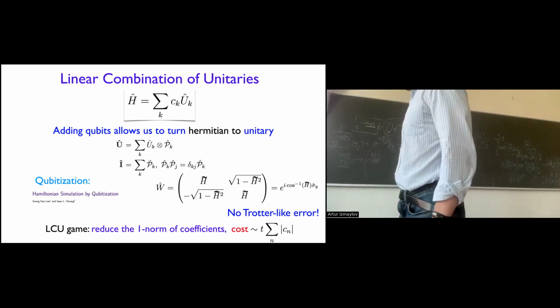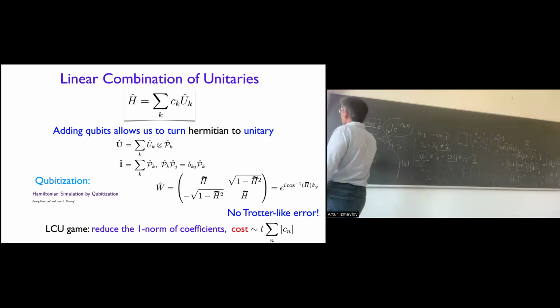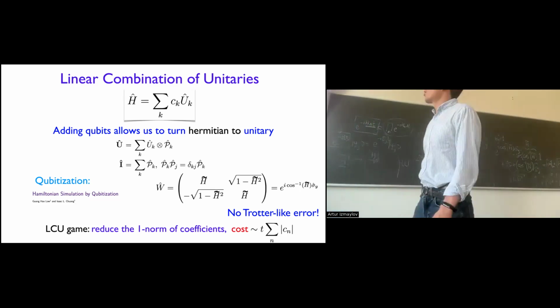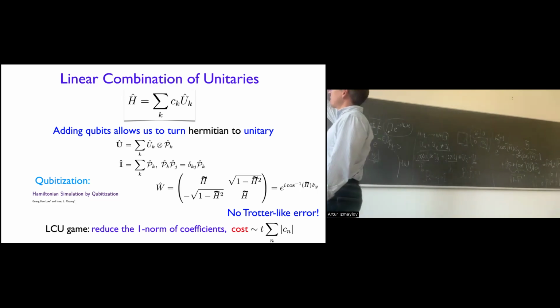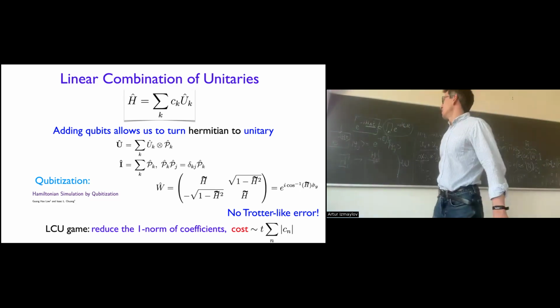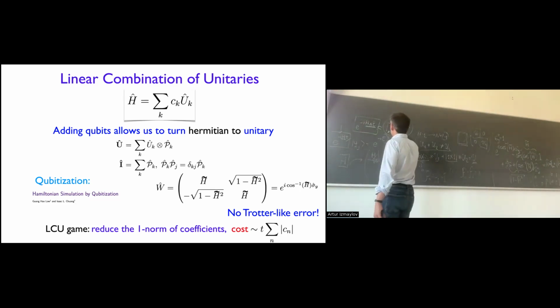There is only one caveat that to normalize H, we see that it needs to be normalized by the one norm of coefficients in the LCU decomposition of H. So then the whole game of optimizing this, like we played the game with Trotter, how to optimize the fragments. Here the game will be how to reduce the norm of coefficients.